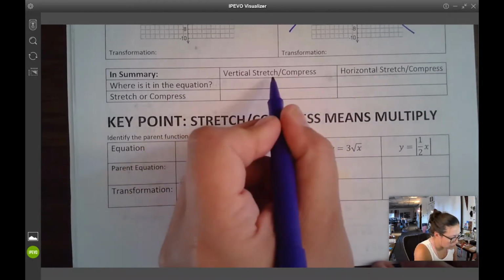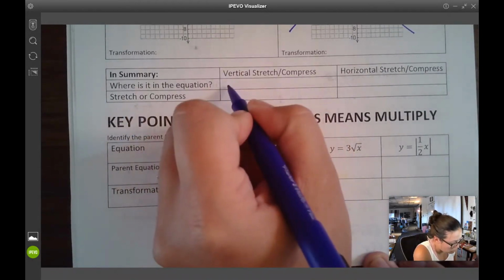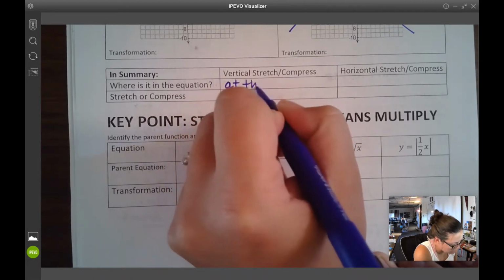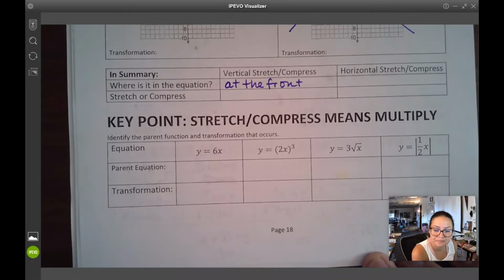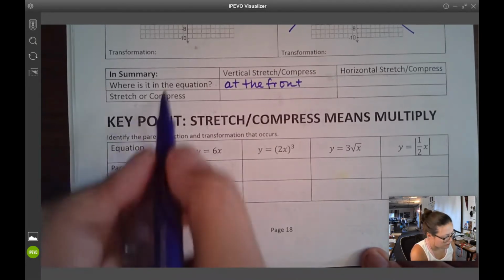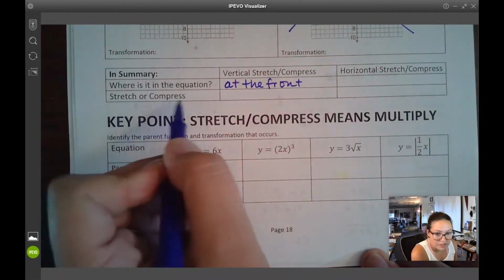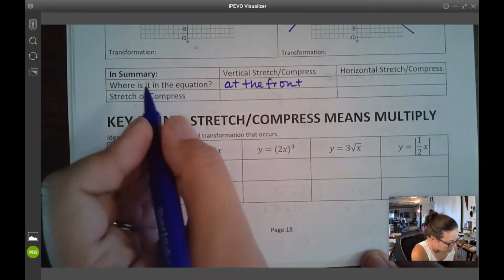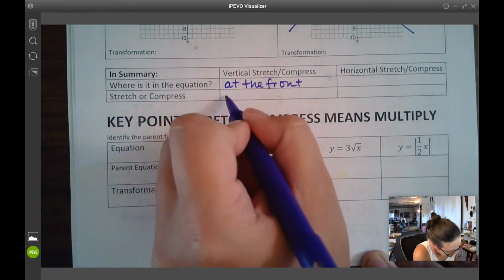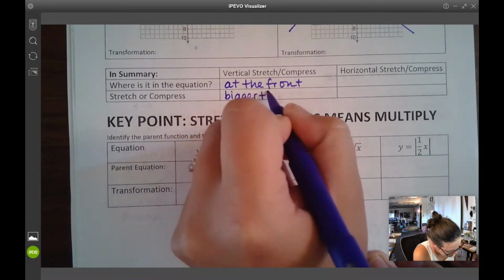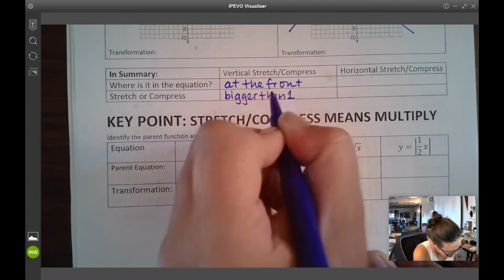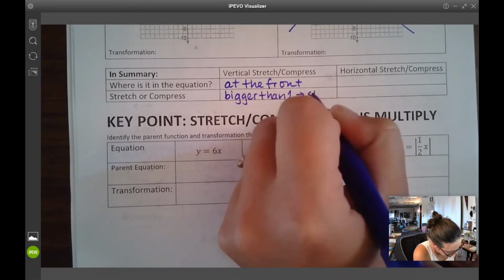If we have a vertical stretch or compression, it will always be at the very front. And how do we know if it's going to be a stretch or a compression? Well, if the number is bigger than 1, it will be a stretch.